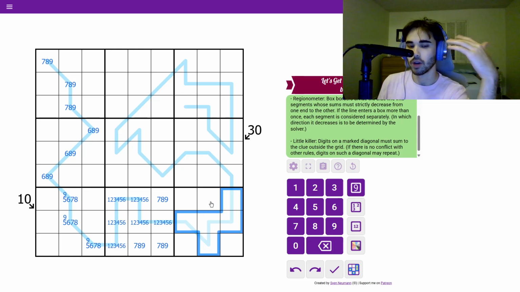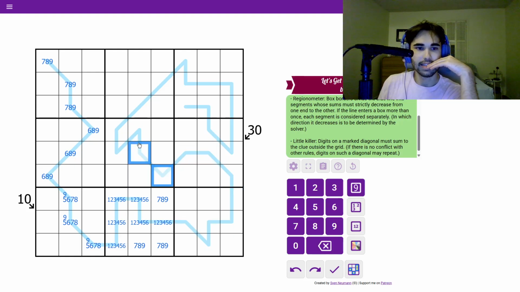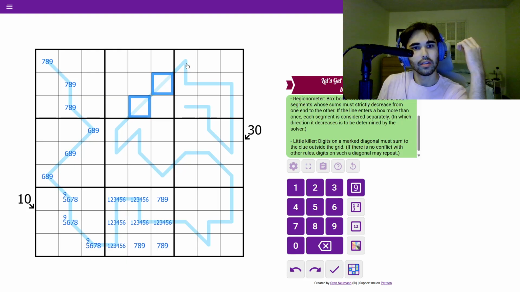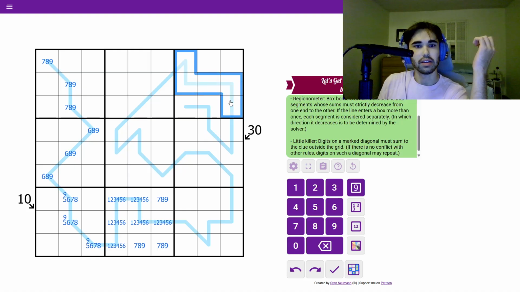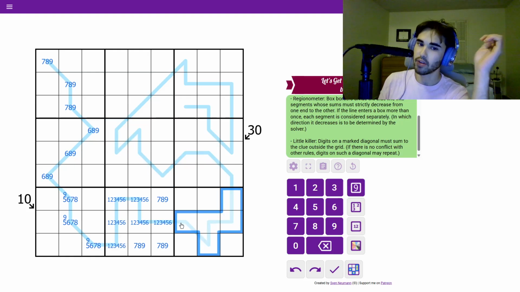I just assumed it was 20, but it's at least 17. It's 17, 18, 19, or 20. Oh, no. This is at least 15, so this is at least 16. This is at least 17. This is at least 18. This is at least 19. So now we've got it down to 2 options.